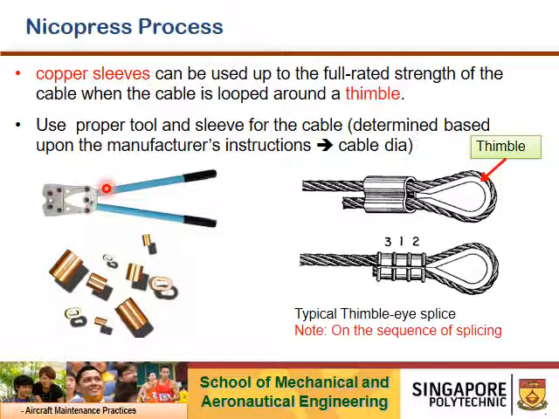So you can see that this is not a very popular process, but for learning purposes, just make sure that when you do your Nicopress process, you clamp first in the middle and subsequently on the outside. So this is what we do. But then again, this is human power, so it's not very recommended, or in fact, it's not approved on commercial aircraft.